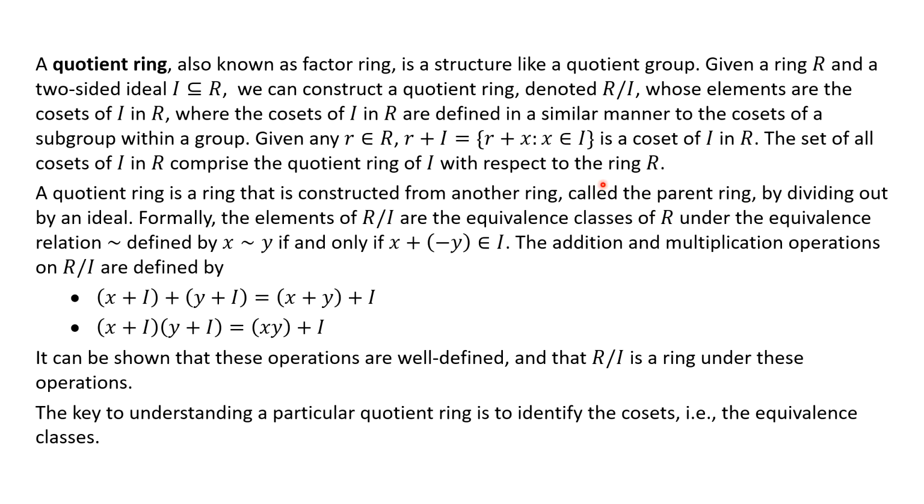So in our explanation, R would be the parent ring, by dividing out, so to speak, that's why I'm using the slash here, dividing it out by an ideal.